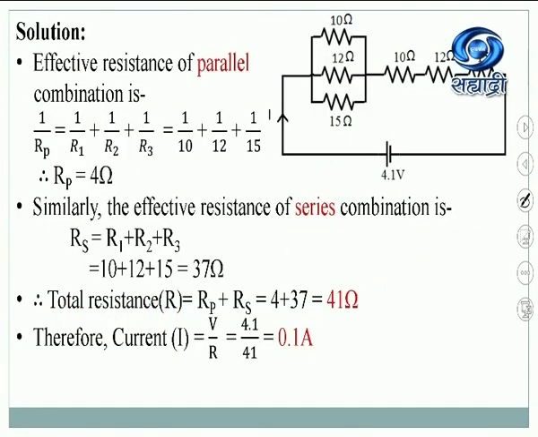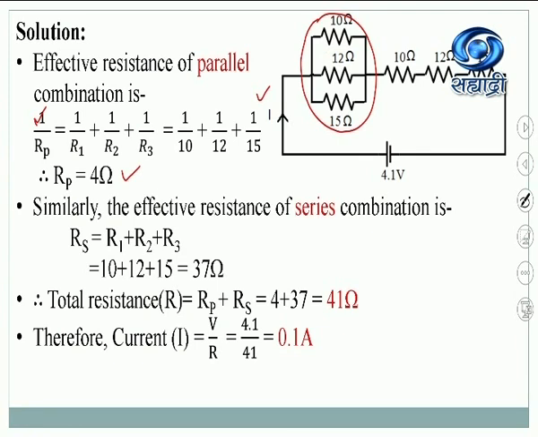Effective resistance of the parallel combination: 1 upon Rp equal to 1 upon R1 plus 1 upon R2 plus 1 upon R3, and from this we get 1 by 10 plus 1 by 12 plus 1 by 15, and therefore Rp is equal to 4 ohm.